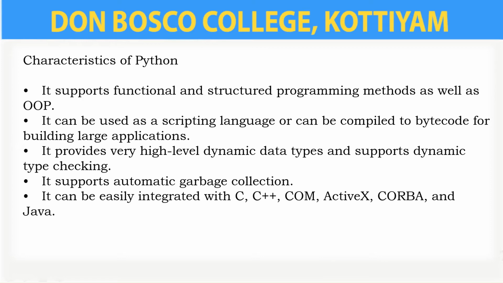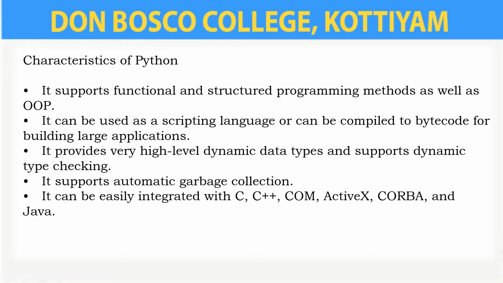Now we can check some of the characteristics of Python. Python supports functional and structured programming methods as well as loops, and it can be used as a scripting language or can be compiled to bytecode for building large applications.